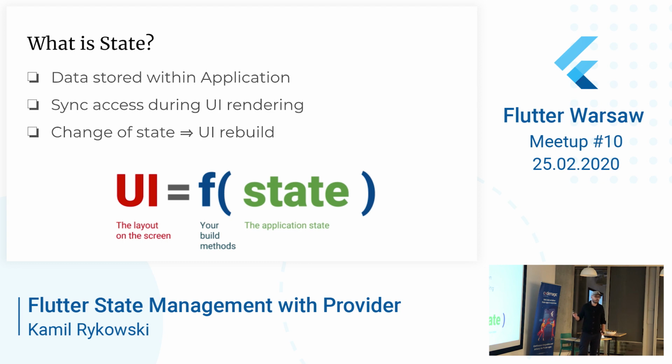I'm not a math guy, but this formula I can probably read, and this one I can understand. On the left side we have the UI, so the layout on the screen, and it equals your build methods. That's a set of all the build methods of your widgets, which as an input takes the state.